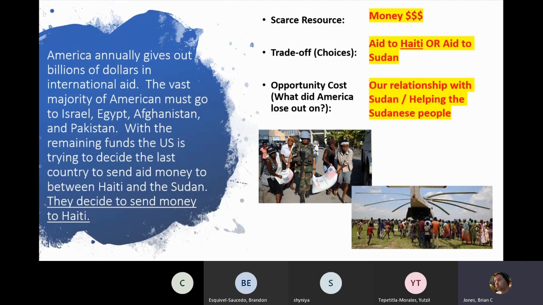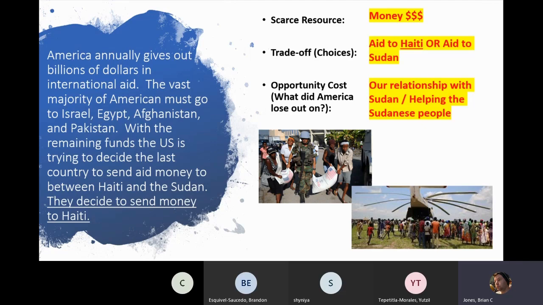So the scarce resource we're dealing with here, once again, is money, the government's money in particular. The trade-off is going to be deciding who to give this extra aid money to. Are we going to give it to Haiti, or are we going to give it to Sudan? And then, because we gave it to Haiti, that was the choice we made, we don't have the opportunity to give any money to Sudan.